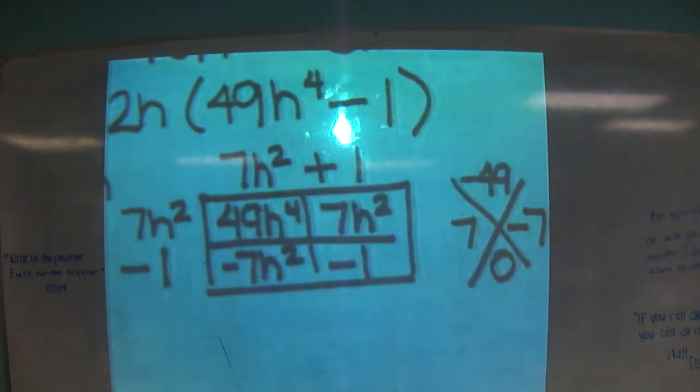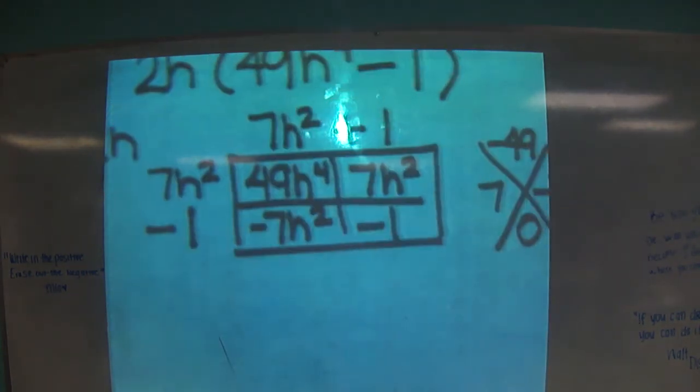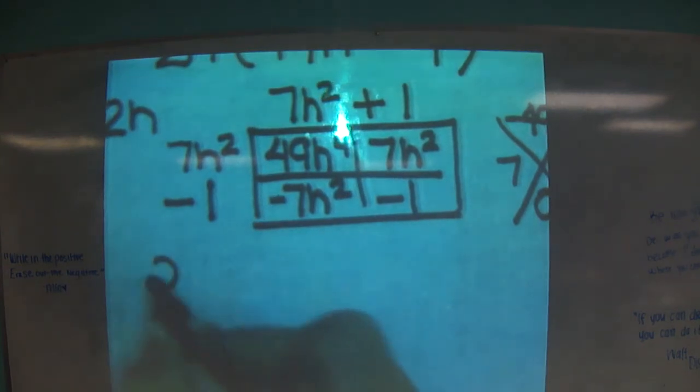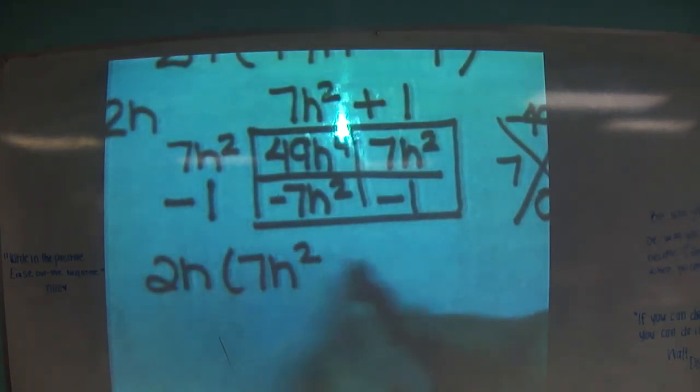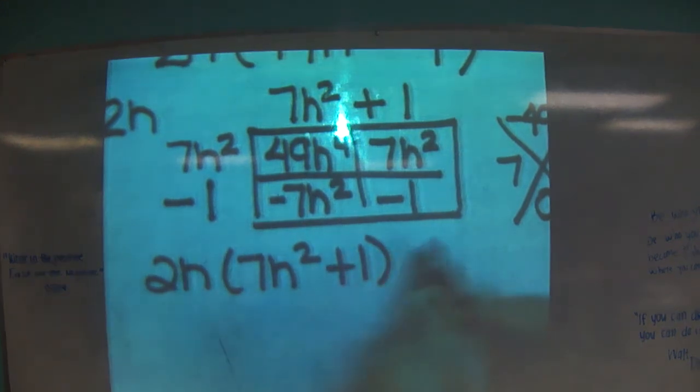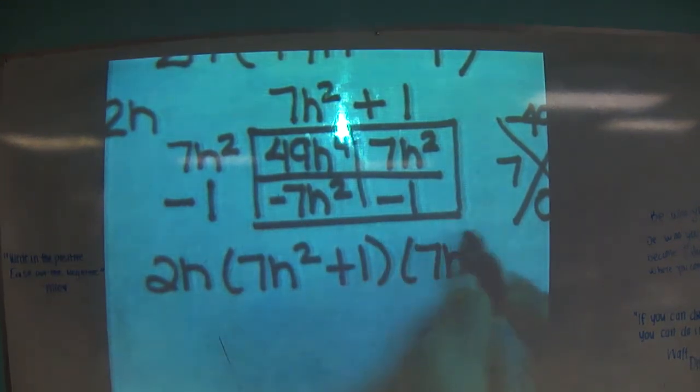Positive 1. So your factors are going to be the 2h we started with, 7h to the 2nd plus 1, 7h to the 2nd minus 1.